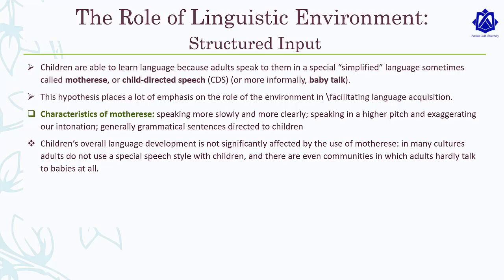So, based on what we have said so far about the role of linguistic environment, we have behaviorism that says language is a behavior and it is learned through imitation of what they hear, reinforcement of parents, that they would be punished if they do not produce the correct structures, and they would be reinforced, they would be given support for the times that they produce the language correctly, grammatically, and that they use a strategy like analogy in order to learn the language.